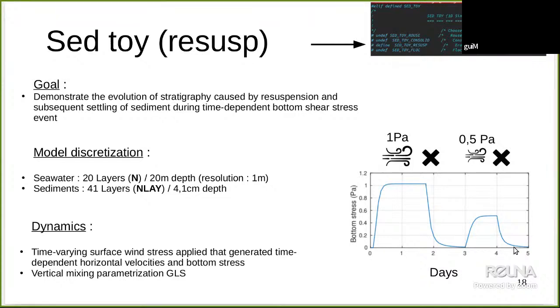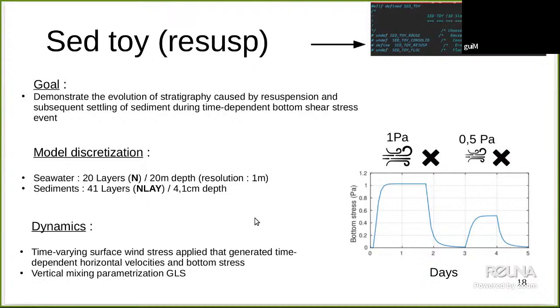So you have 5 days of simulation. You have the first event, from day 0 to 2. It's a bottom stress of 1 Pascal. At day 2, we stop it, and again we apply another stress event at half magnitude, 0.5 Pascal, and we stop it again at day 4.